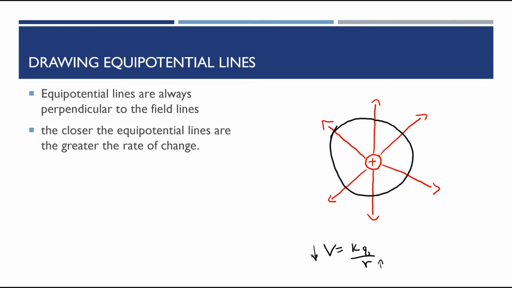So if we draw an equipotential line that's closer to our source, this equipotential line will have a greater electric potential than this equipotential line. Another thing to know is that the closer the equipotential lines are, the greater the rate of change will be. And I'll talk about that later in the other slides.